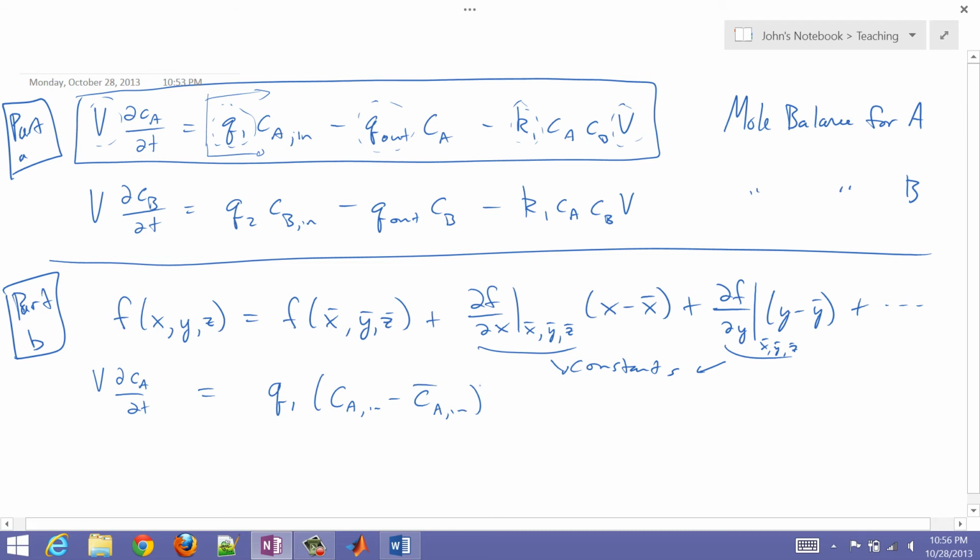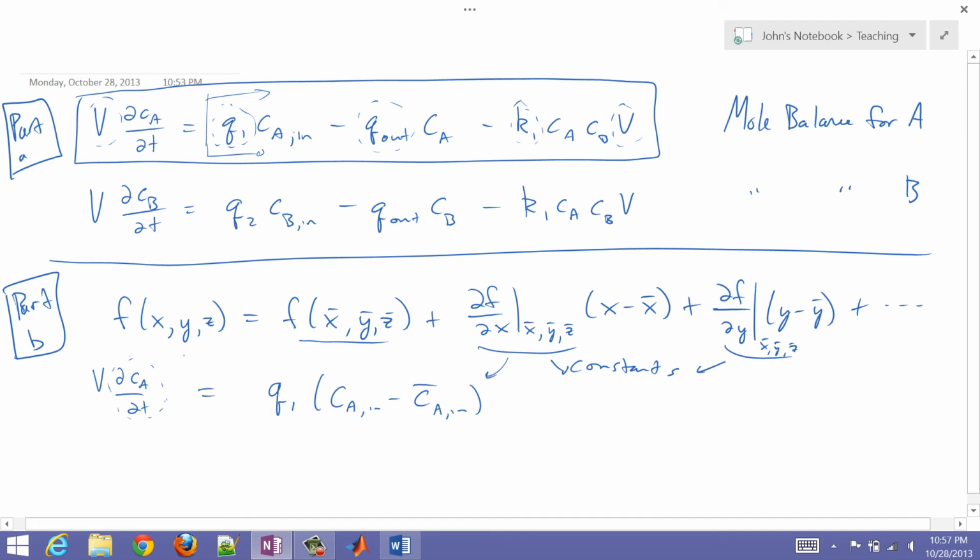You're probably asking yourself, why did I skip directly to this first one where I take the derivative and multiply by its deviation variable? What happened to this one right here? If I say that these are all steady state conditions, then this is equal to 0.